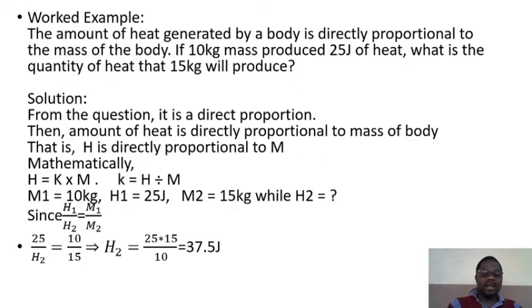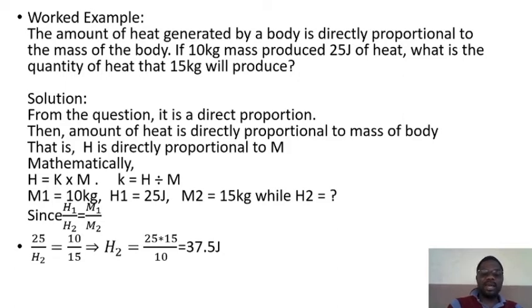This constant of proportionality, as the name implies, is constant throughout this question. It does not change, and it applies to both the initial condition and the final condition, because it is the constant of that particular proportionality. So we can just say K is equal to H over M and find it.